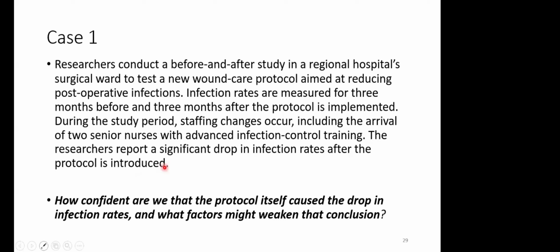So based on this case, how confident are we that the protocol itself caused the drop in the infection rates? And what are some of the factors that you think might weaken that conclusion? So maybe you can type it in the chat. What factors do you think might weaken the conclusion that the introduction of the new wound care protocol is what caused a significant drop in infection rates in this surgical ward?